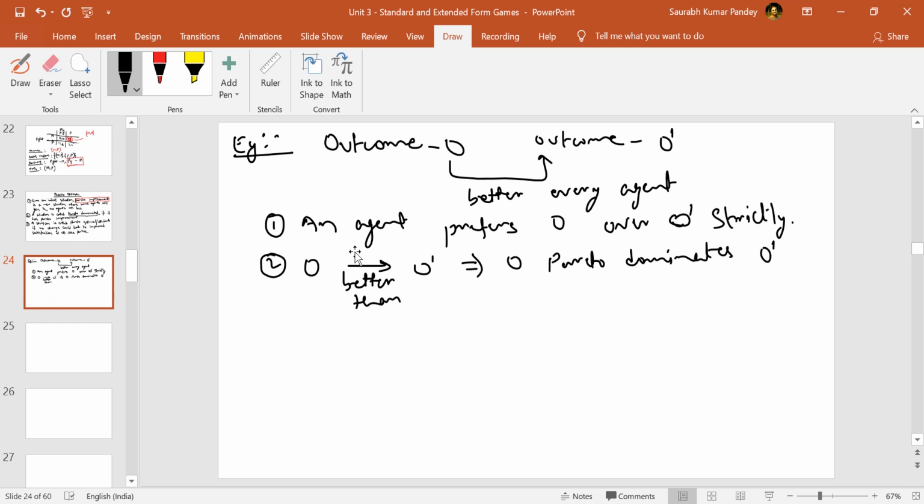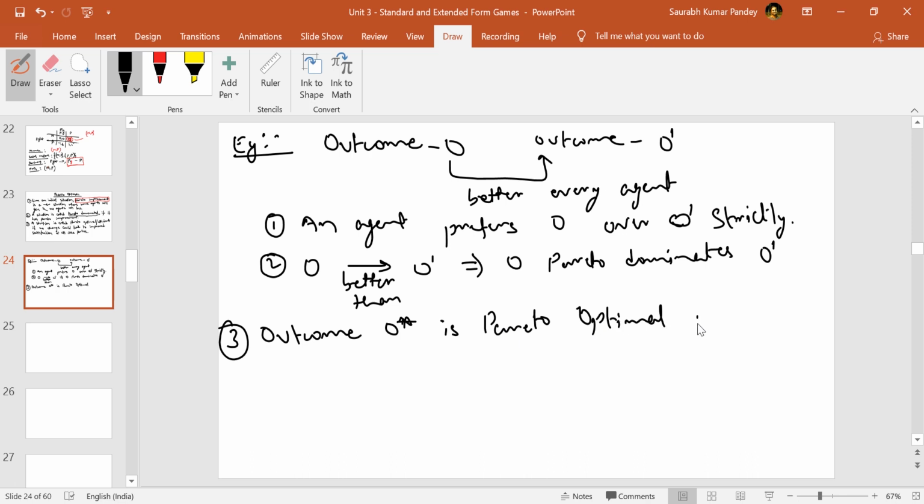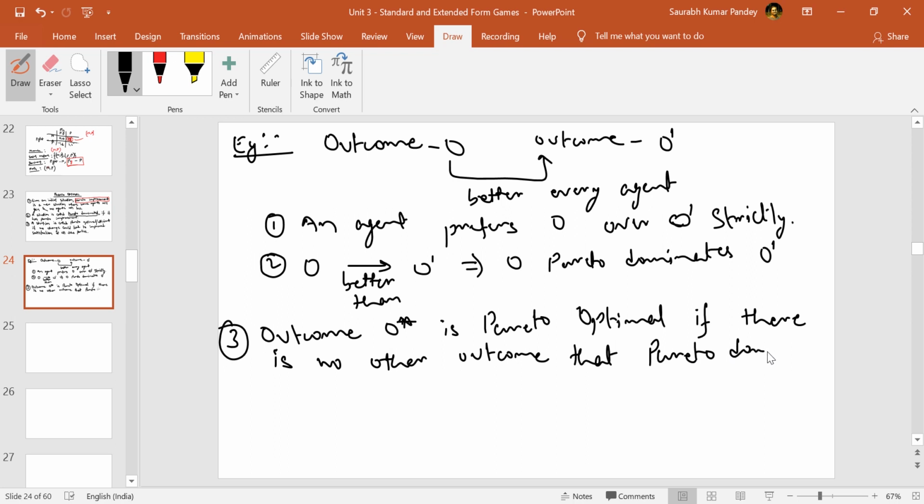Also, we can say that any outcome O star, let us suppose, is Pareto optimal or efficient, you may call either, if there is no other outcome that Pareto dominates it.